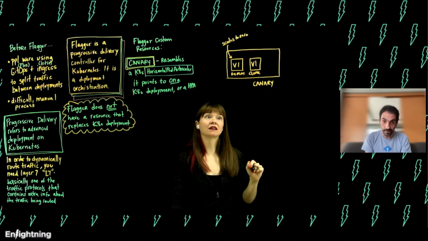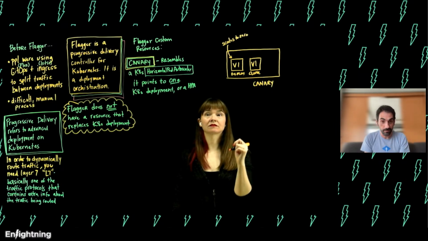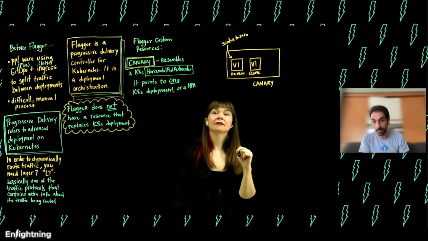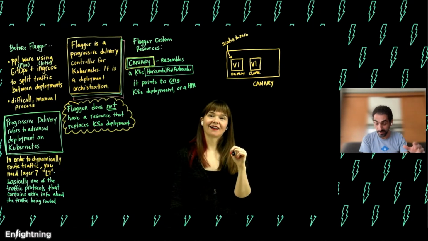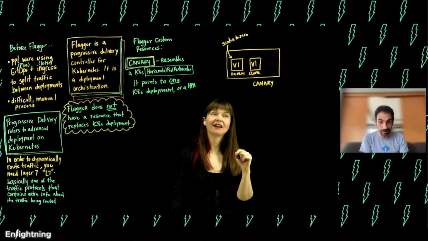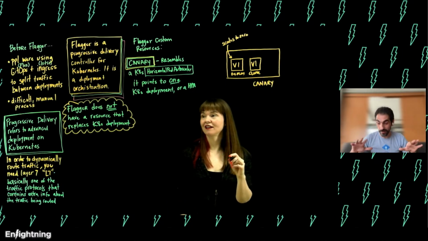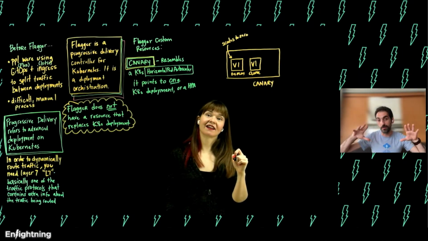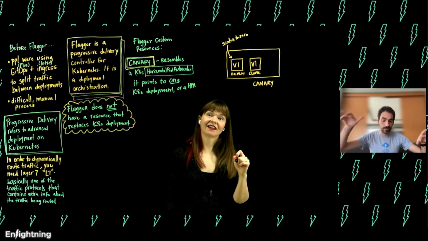Okay. Then you modify your deployment. You change something in a config map that's referenced by it, or you change something in a secret, or you change the container version. Whatever you change, Flagger looks for all the references, all the things that make up your deployment. Can be config maps, mounted volumes, can be secrets, can be the deployment itself, containers in that deployment.